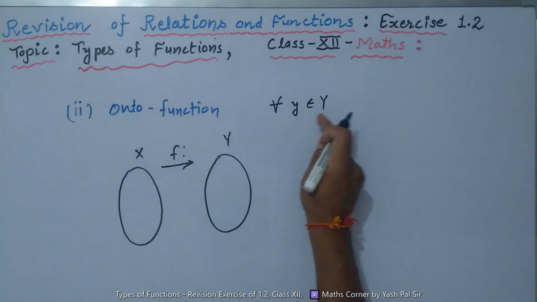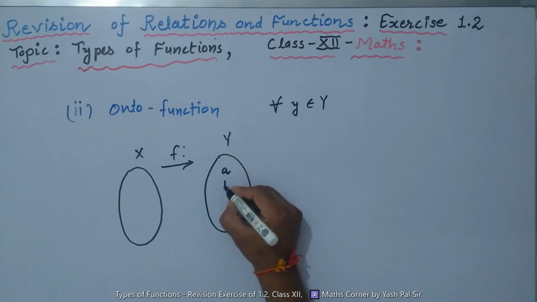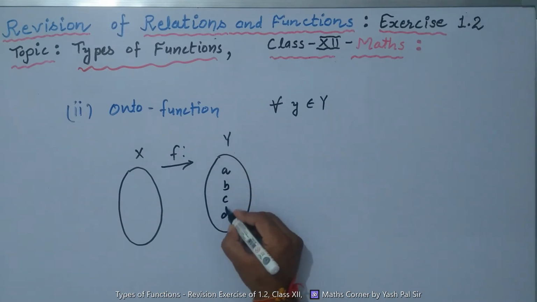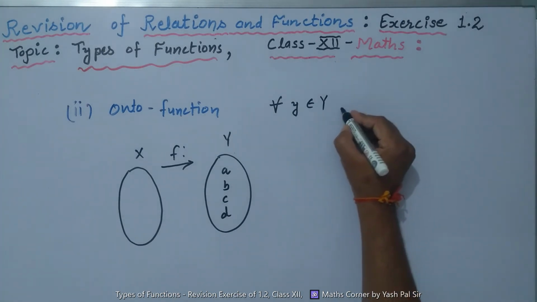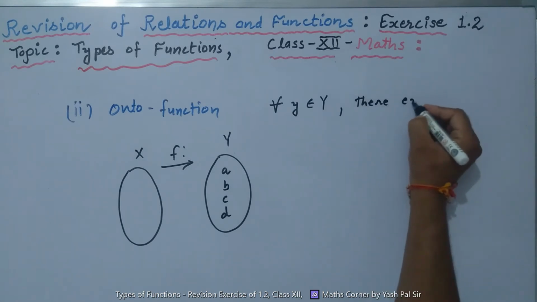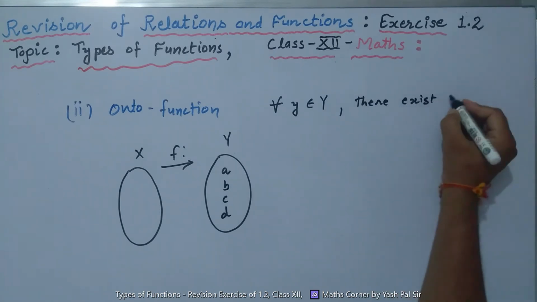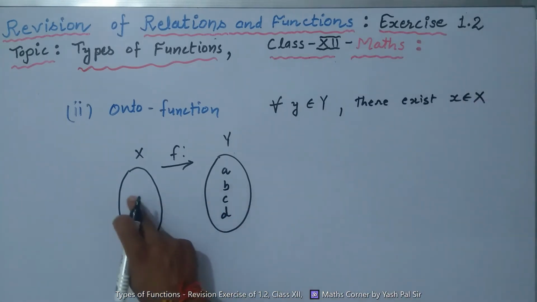For every element y which belongs to set y, suppose the elements are a, b, c, d, there exists an x which belongs to the first set x.